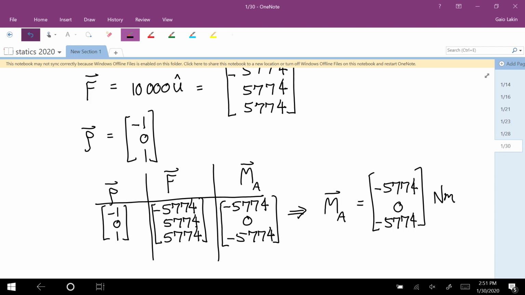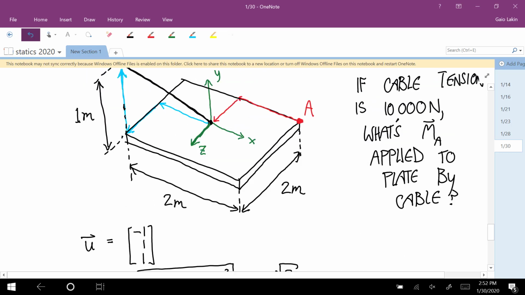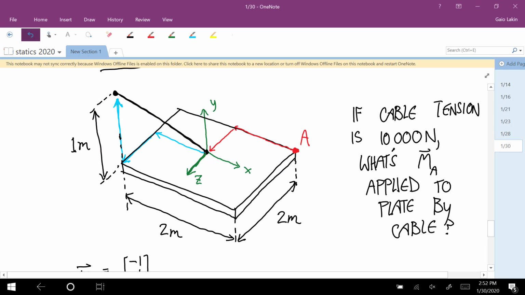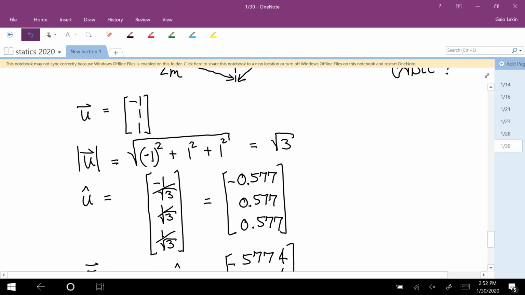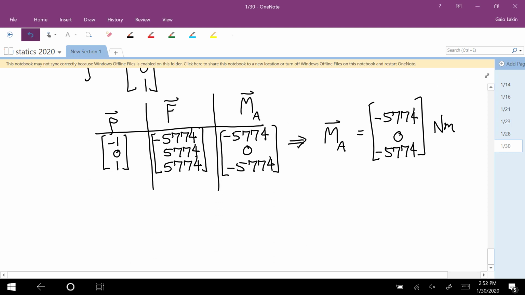And so it's producing a clockwise moment about the x-axis, a clockwise moment about the z-axis, and nothing about the y-axis. Any questions about that?